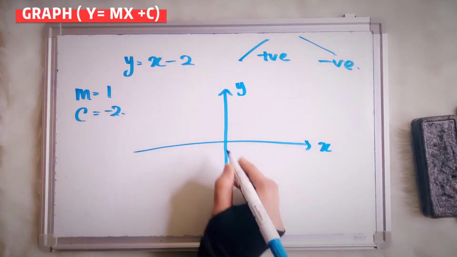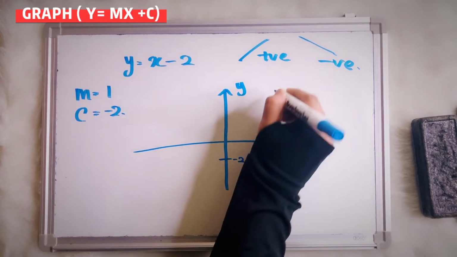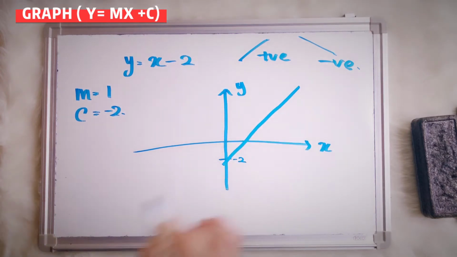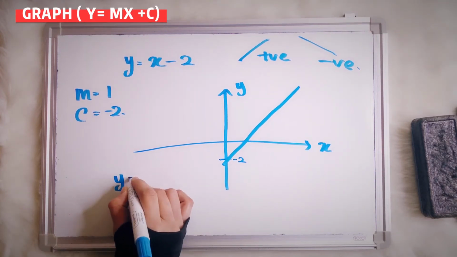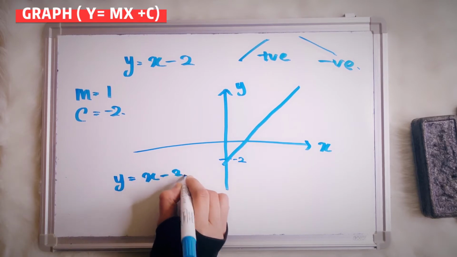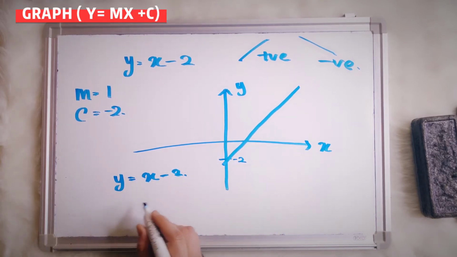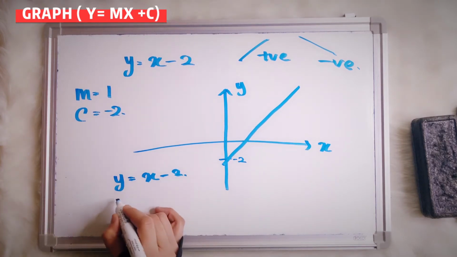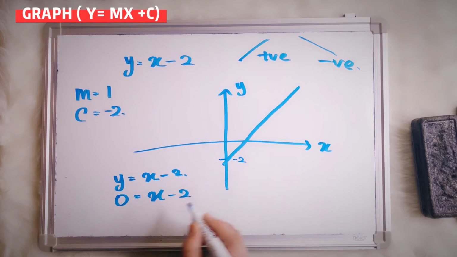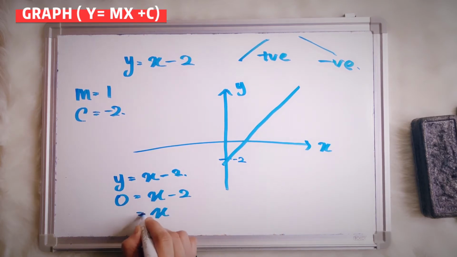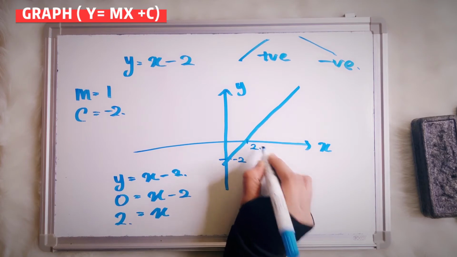Your y-intercept will be here, negative 2. So basically your graph is like this. You want to find, with y equals x minus 2, your y will be 0. So 0 equals x minus 2. Now your x will be 2. So here is 2.